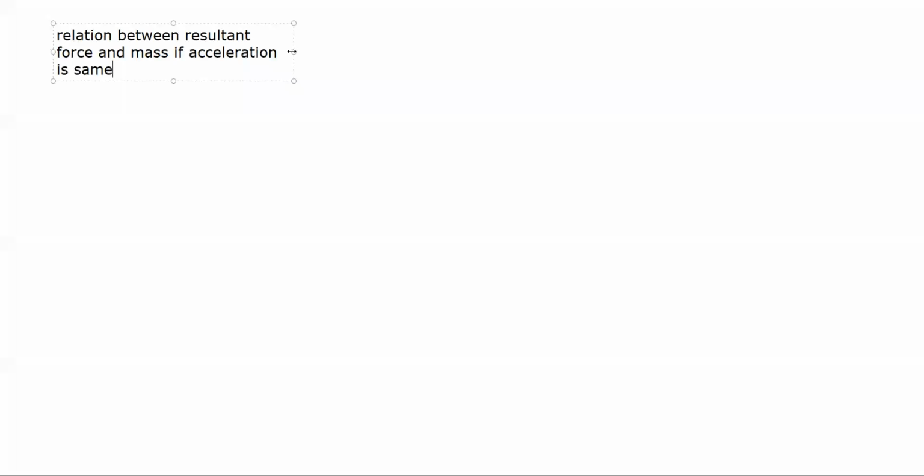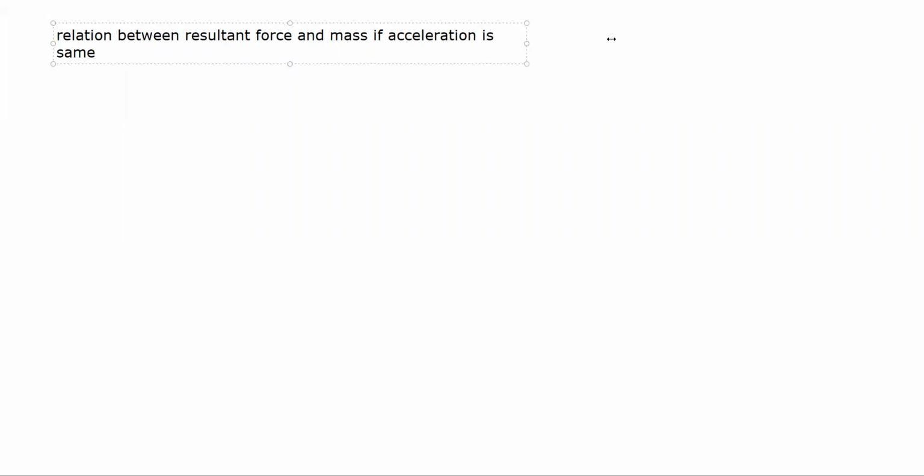If you want same acceleration, the relation between resultant force and mass, they're inversely proportional. Because F equals ma, the one which is having a greater mass will need a greater resultant force to produce the same acceleration.